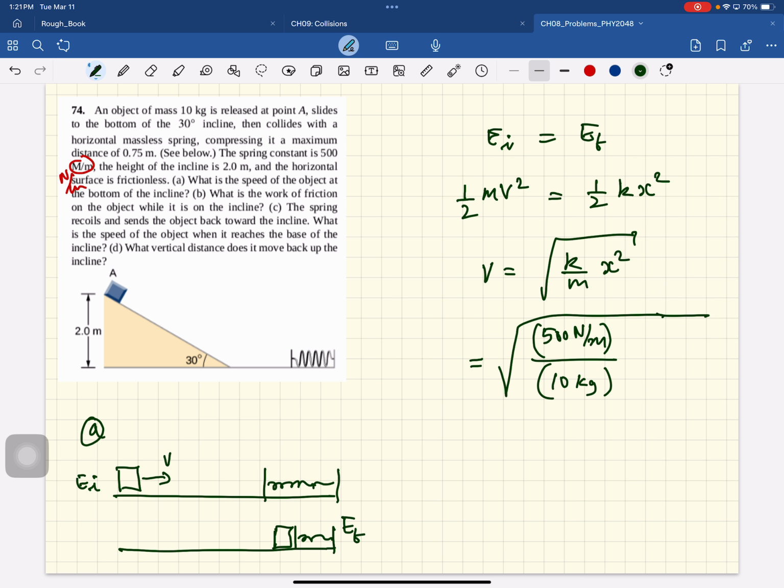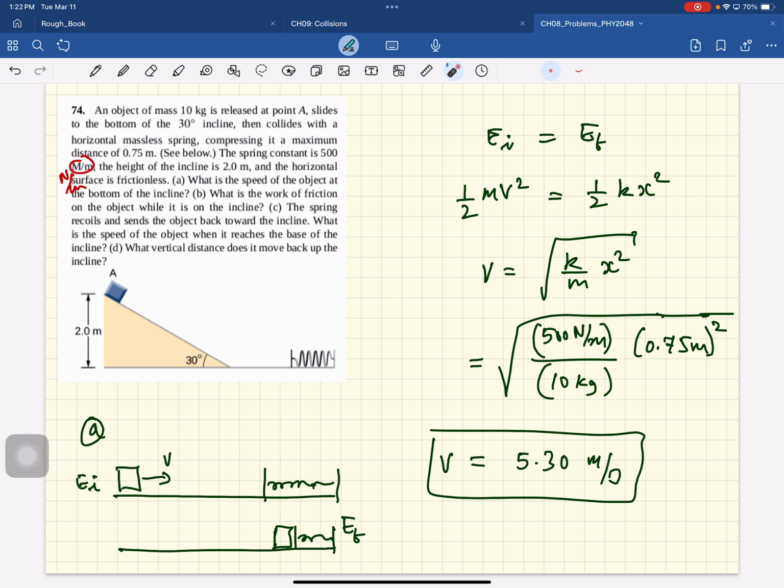And the spring was compressed 0.75 meters. So the block was moving at 5.3 meters per second at the bottom.